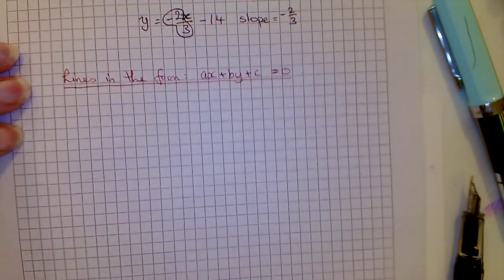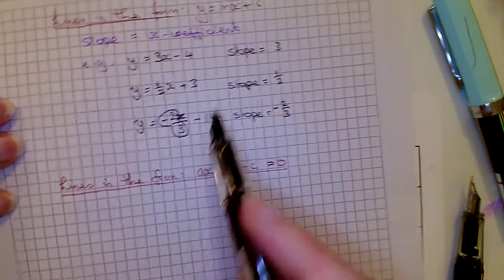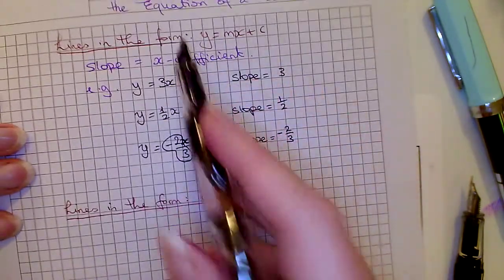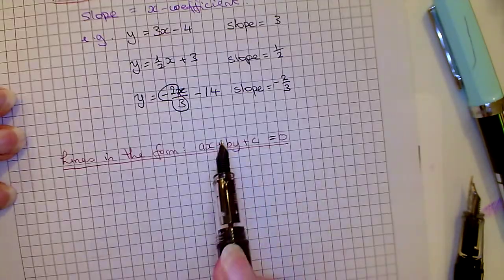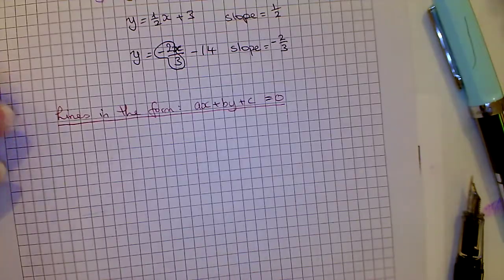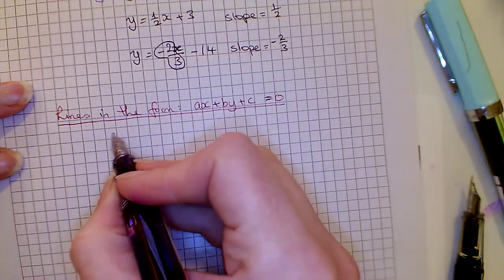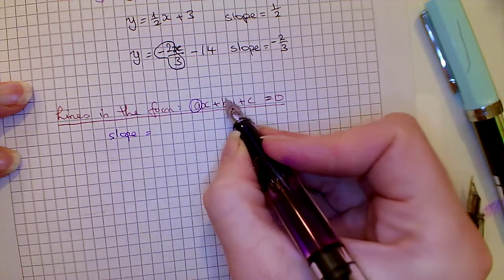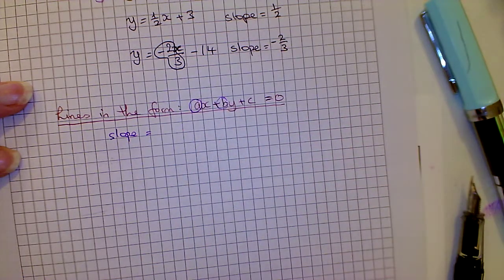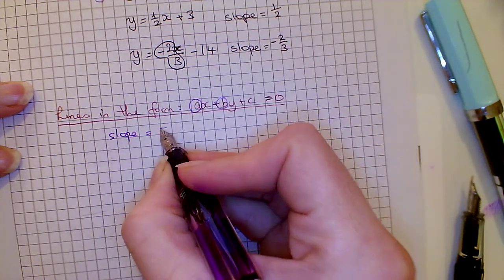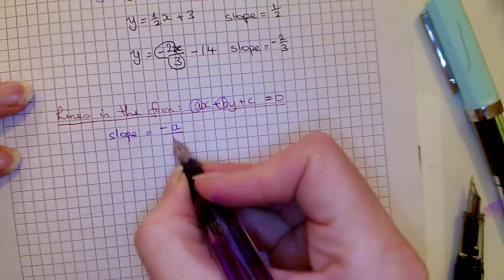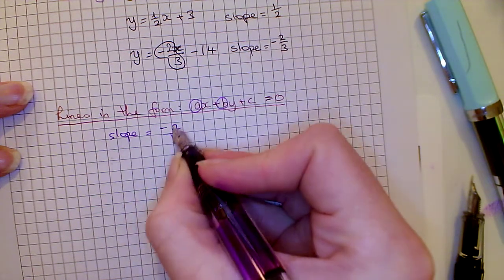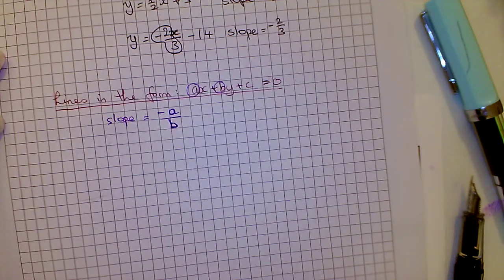Now, we could, of course, change around our line so that we have the y on its own on one side and everything else on the other side, but we don't have to do that. We have a shortcut. The slope will be the x and the y coefficients divided and change the sign. So I say minus a over b: the x coefficient over the y coefficient, and change the sign.